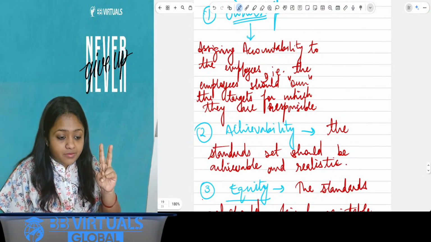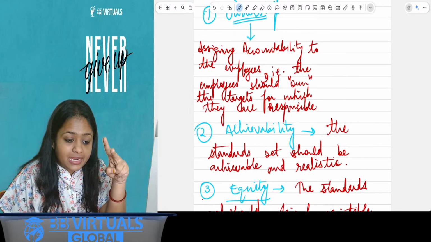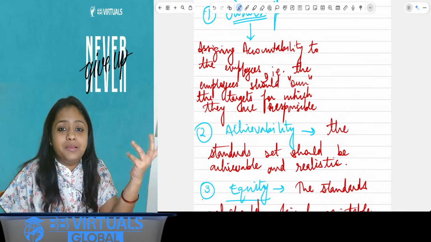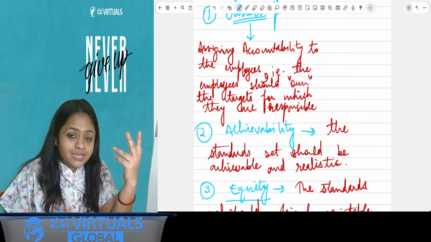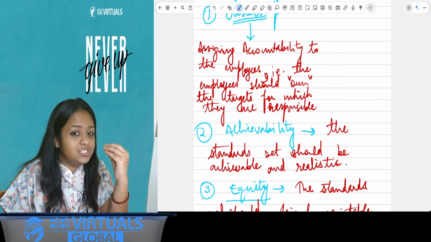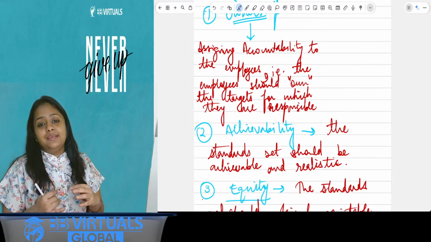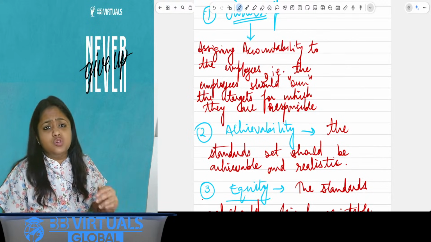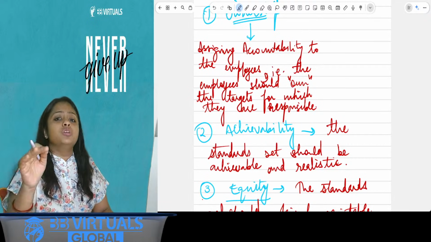The first one is ownership. The second is achievability. Like we already know from the basic concepts, the targets should be achievable. If I keep a very high target that is not achievable, what is the use of keeping it? It will demotivate the employees.